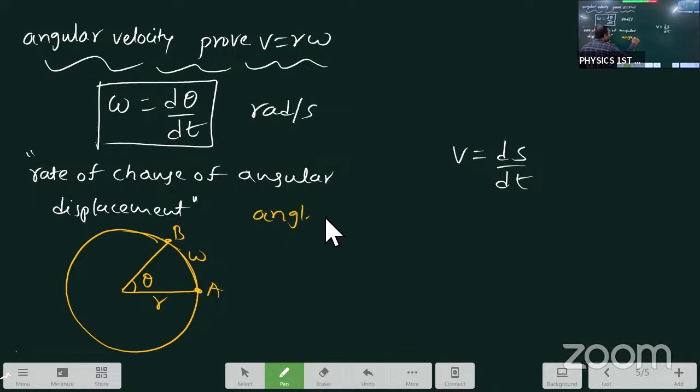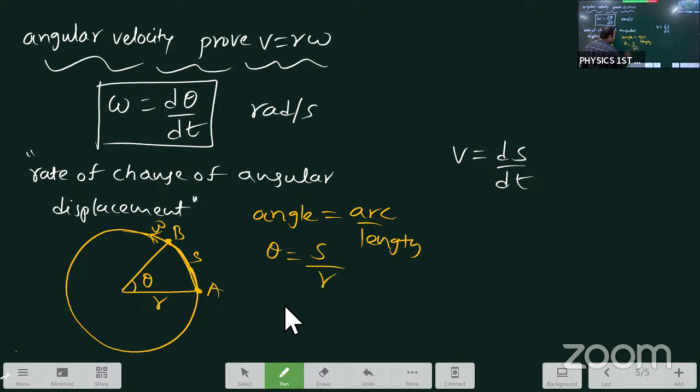Angle equals arc per length, angle meaning theta. Now see, angle equals, from A to B, how much displacement, that is the arc, per length, which is here r. S equals r theta.